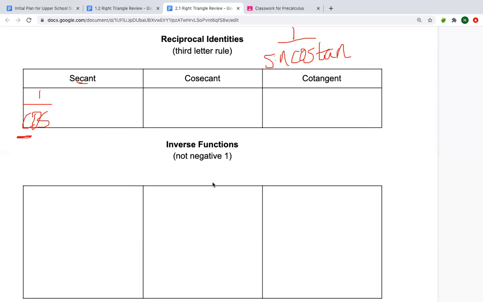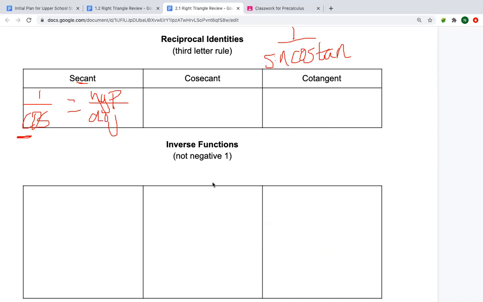So in this case, since cosine was adjacent over hypotenuse, if we do 1 over that, the reciprocal means to flip the fraction. And so this one would become hypotenuse over adjacent. Does that make sense? Okay. Could you explain that, please?